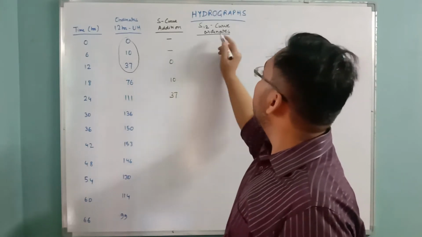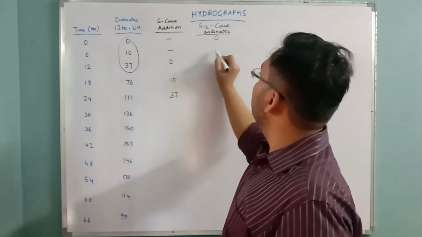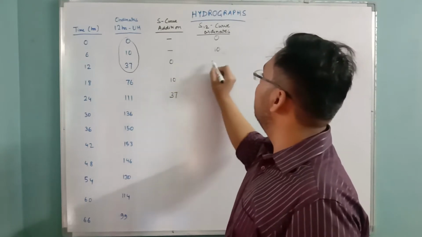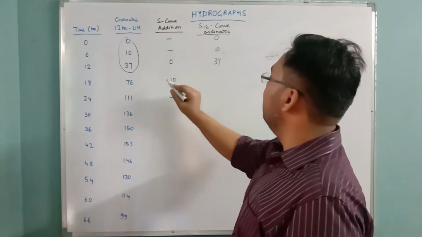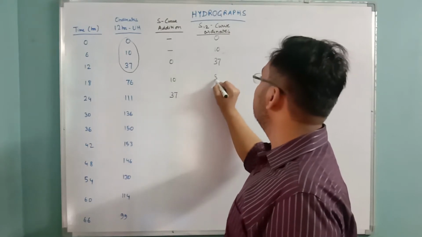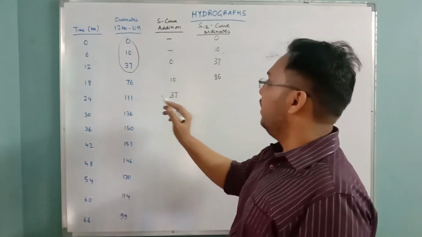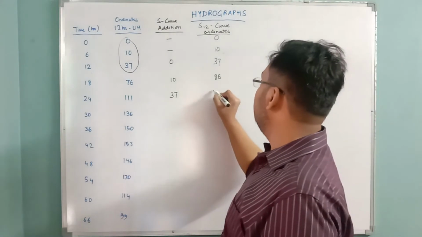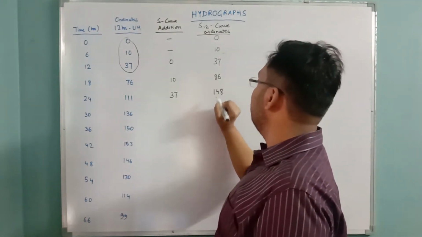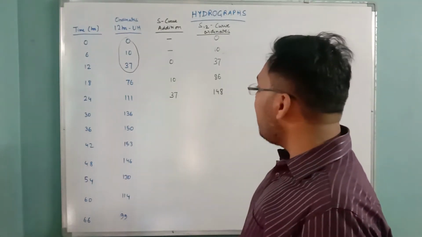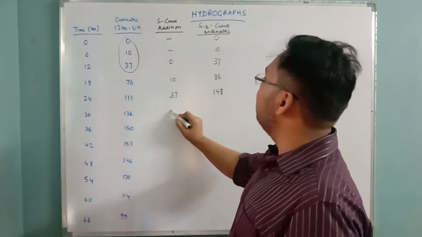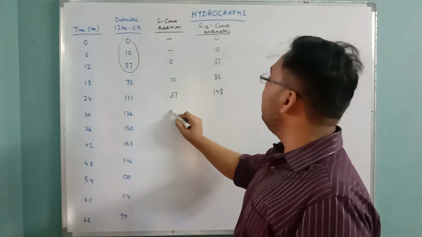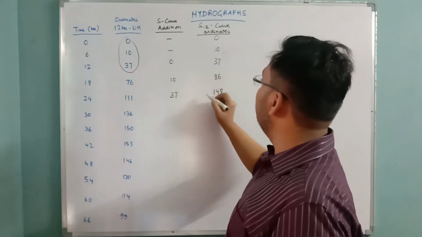So this will be 0, 10, 37, 76 plus 10 is 86, and 111 plus 37 is 148. Now we are not going to write 76 over here, we are going to use this value, 86, over here.